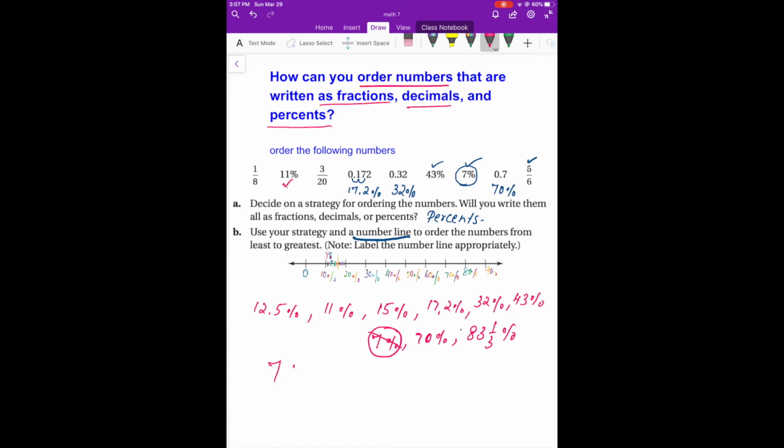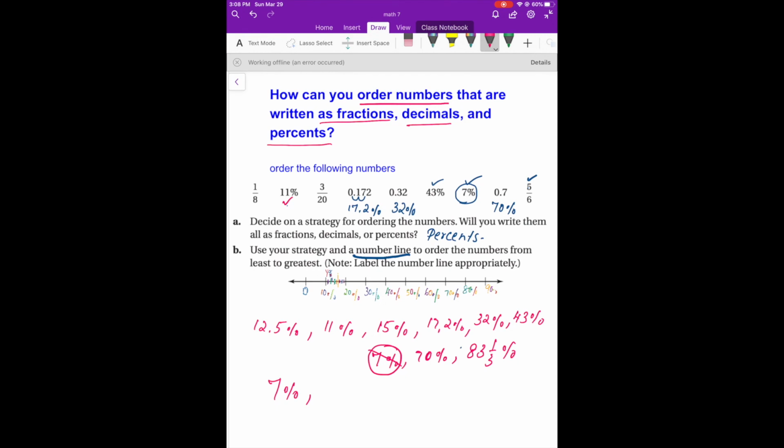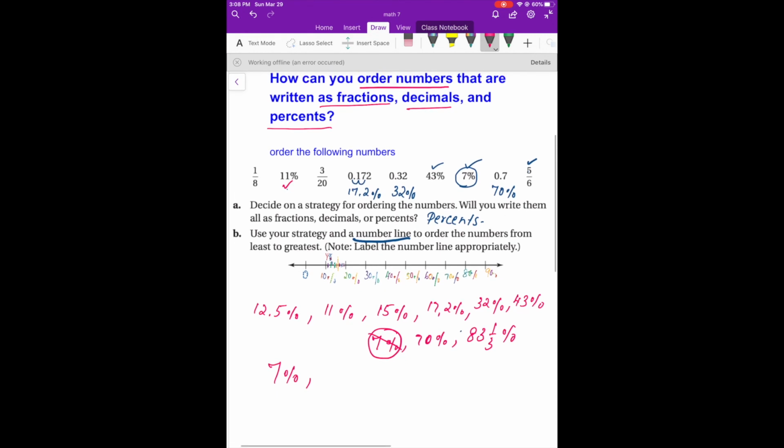So let's write that down. 7%, they gave us 7% only. Try to put the form that they give you. If it is a decimal, try to put that in that form. 7%, and the next number is 11%. Again they gave you as a percent form, so 11%.